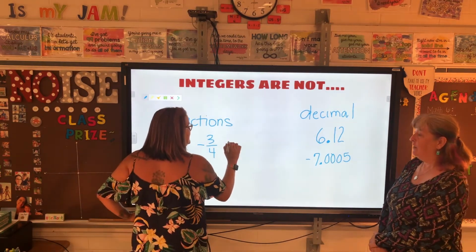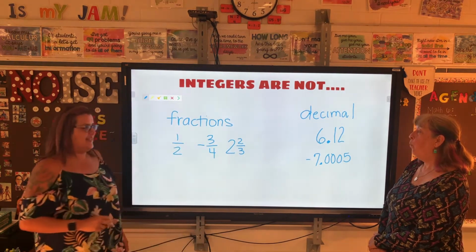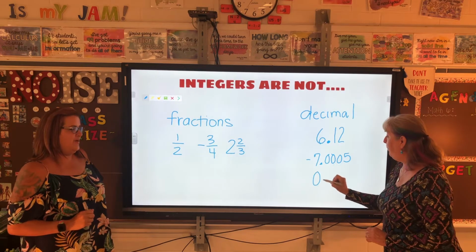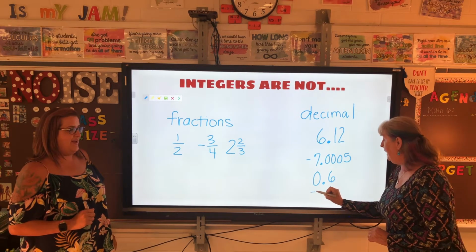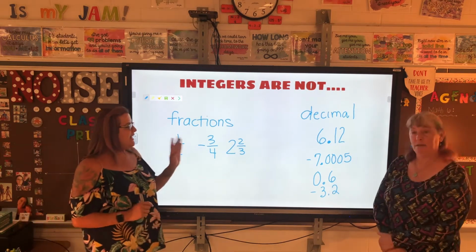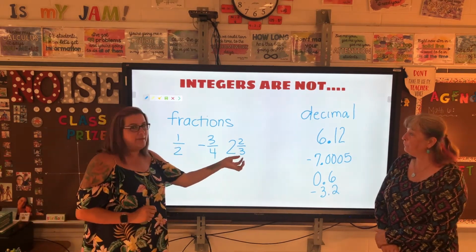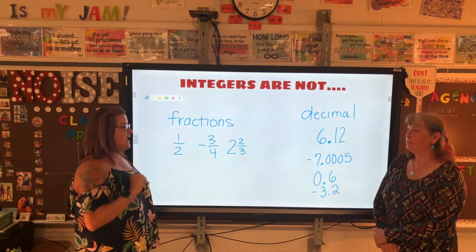Let's talk about mixed numbers like 2 and 2/3. Not an integer. 0.6, -3.2, all of these are not integers. Whole numbers and a little bit more, all of that stuff in between the tick marks, not an integer.